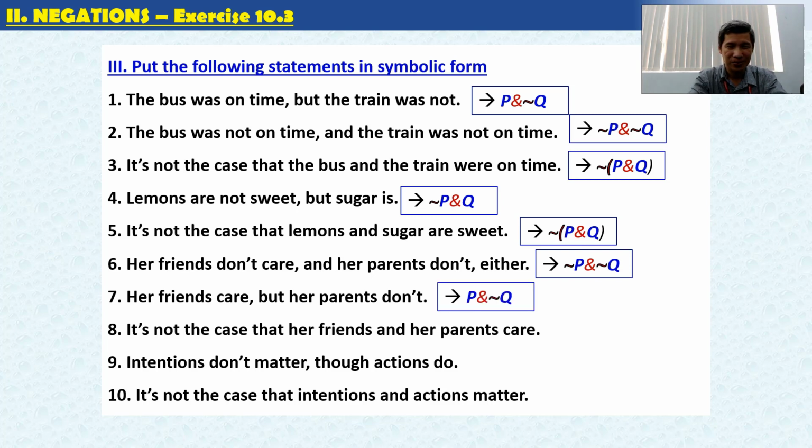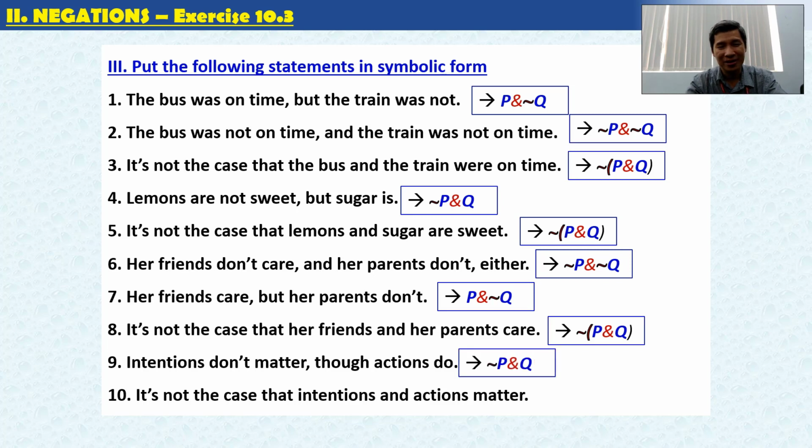P and not Q. It is not the case that her friends and her parents care. Not the case P and Q. Intentions don't matter, although actions do. Not P and Q. It is not the case that intentions and actions matter. Not the case, P and Q.